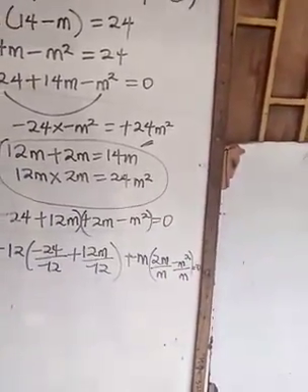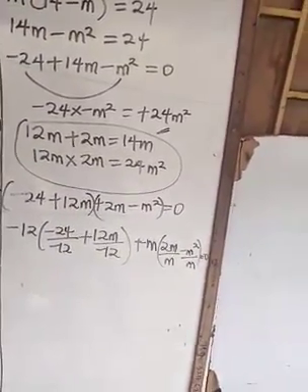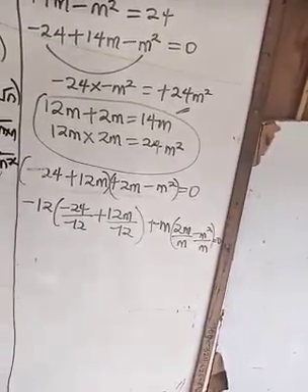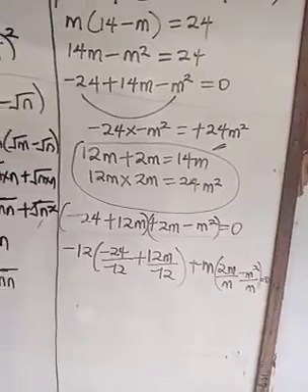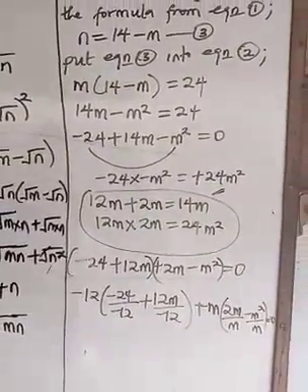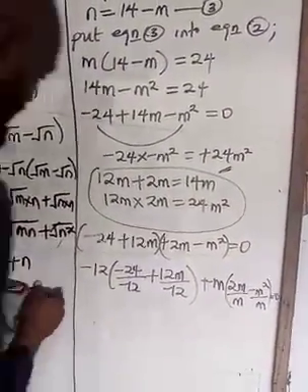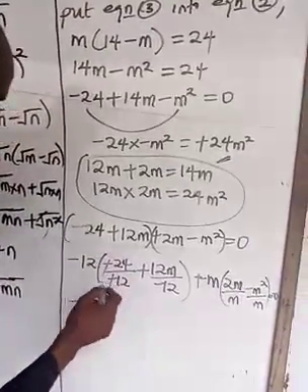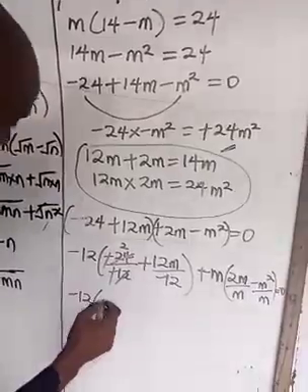is equal to 0. So if we divide all those things inside the brackets, so we have minus 12. So minus cancels minus. 12 in 24, that's 2.